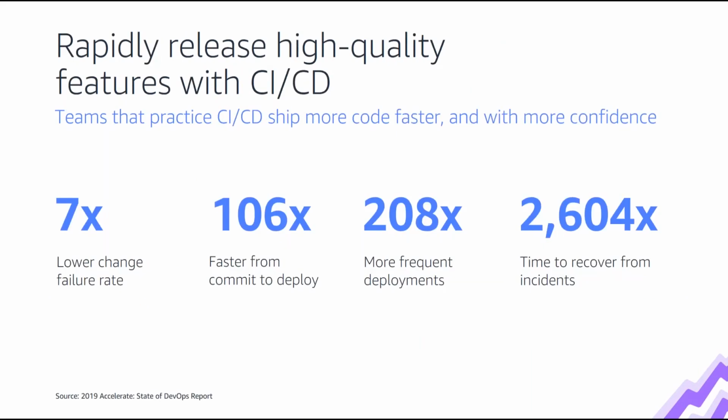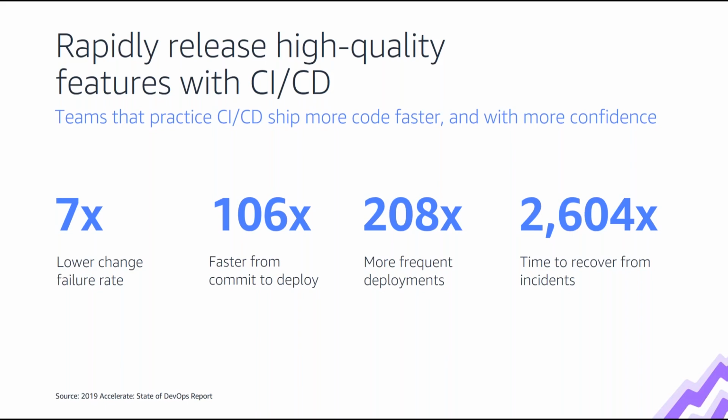Here are some interesting statistics from the 2019 Accelerate State of DevOps report. The comparison is between elite performers versus low performers, where elite performers use a rapid release process with CI/CD, and low performers may not be fully automated or have a lot of manual processes in their pipeline. You can see that high performers benefit with a 7 times lower change failure rate.